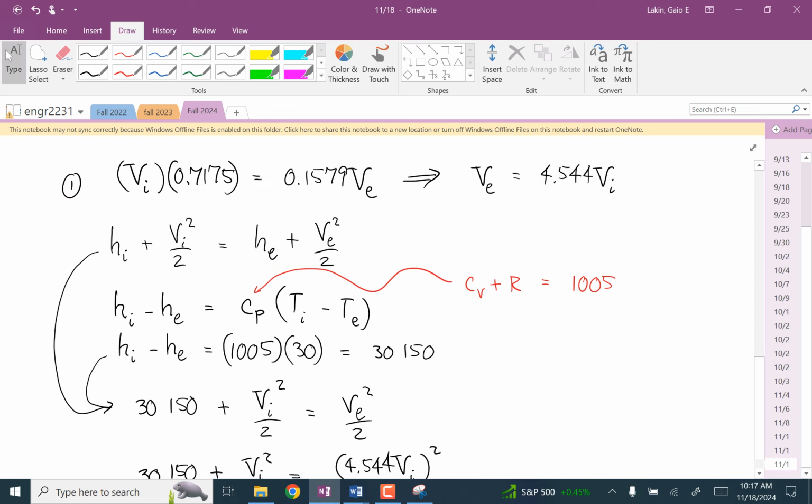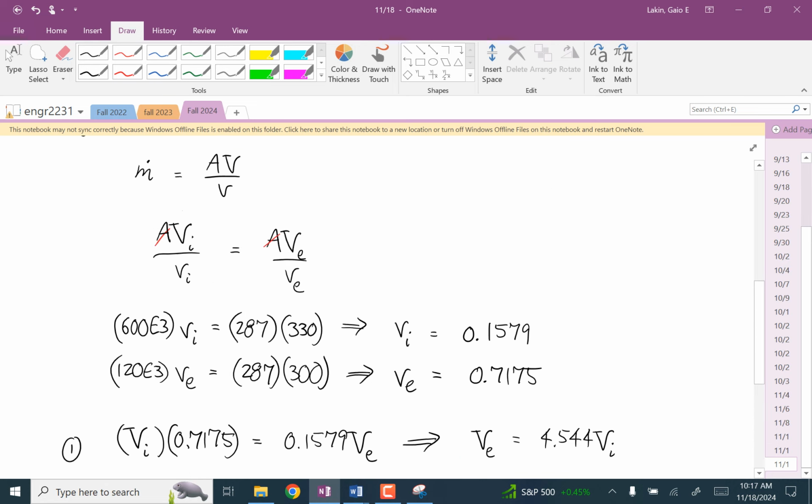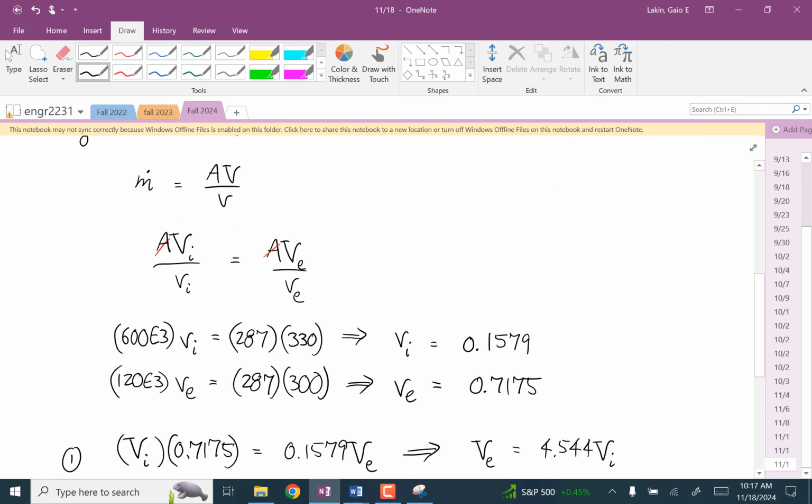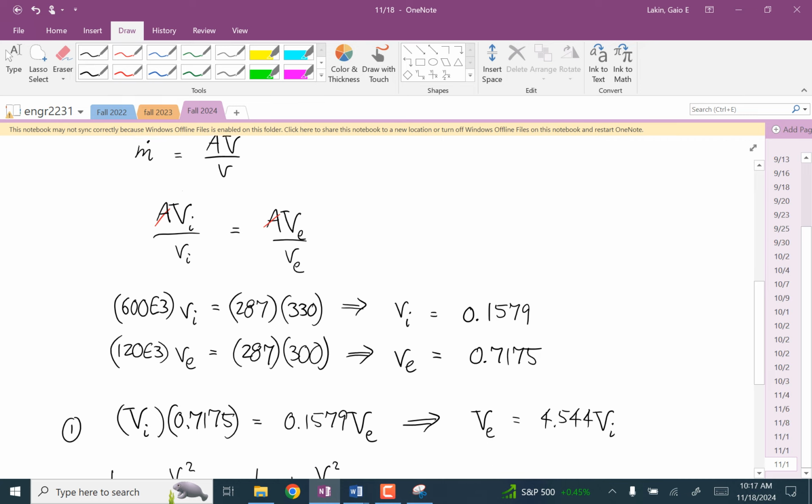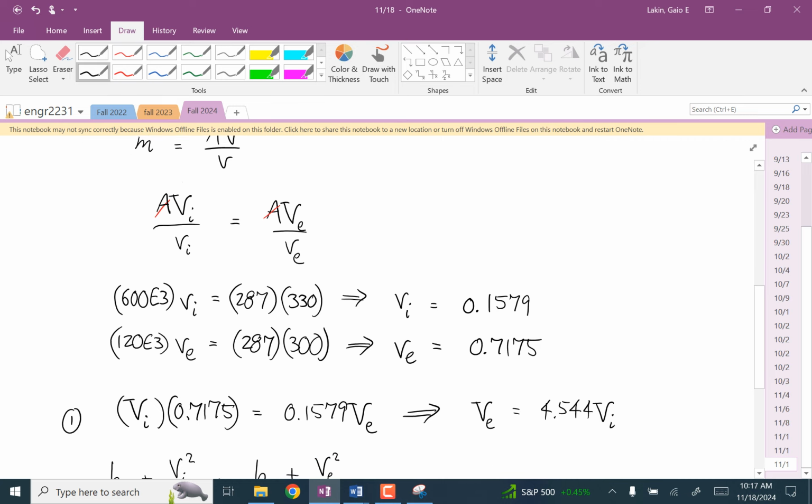Looks like my problem was I didn't cancel a word in the first law. Oh, yeah, so you had extra variables in there. Right. What did you get for m dot? Well, I haven't done that yet. But now that we have those velocities, you could plug them in here to get m dot. Yeah, I did this completely different.